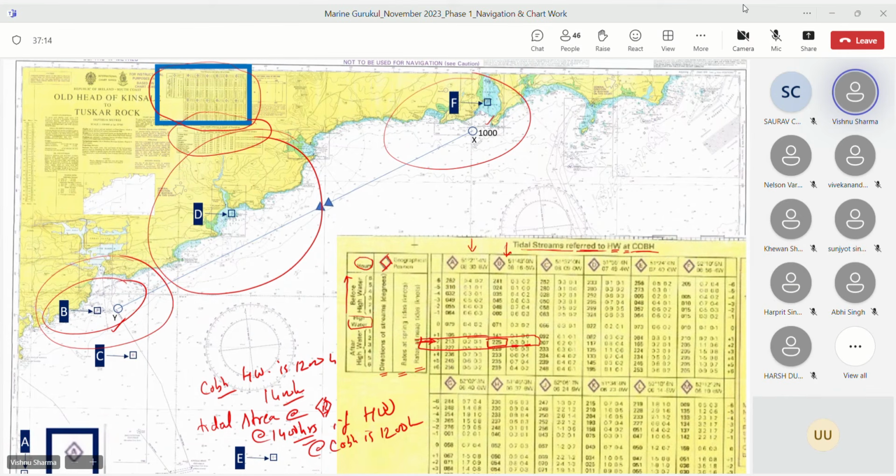Therefore, the difference is that earlier we used to draw one triangle, counteract with one triangle, and get our CTS. Here you'll have to counteract multiple times and get your CTS maybe every hour or so. Is that clear? Okay, let's see now.